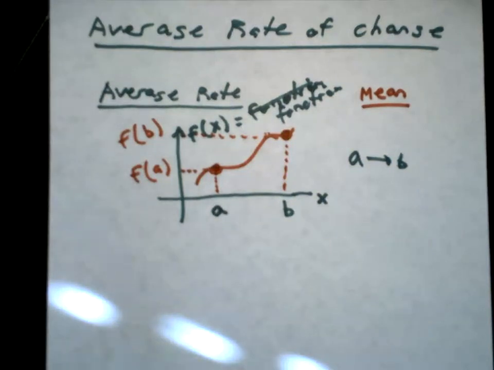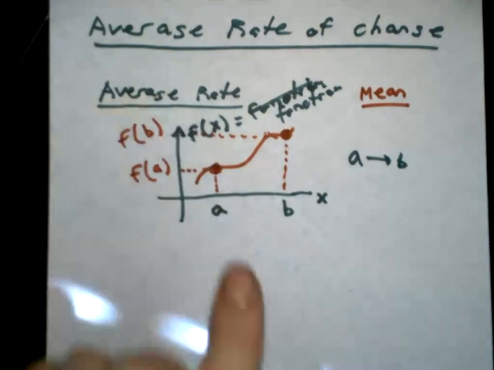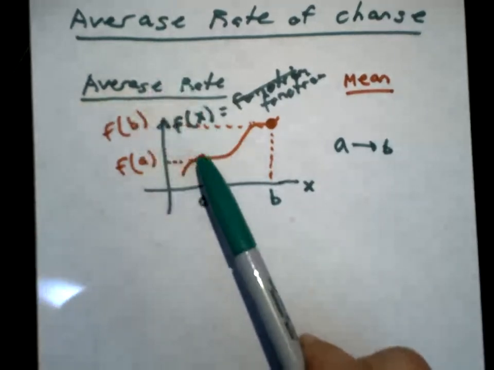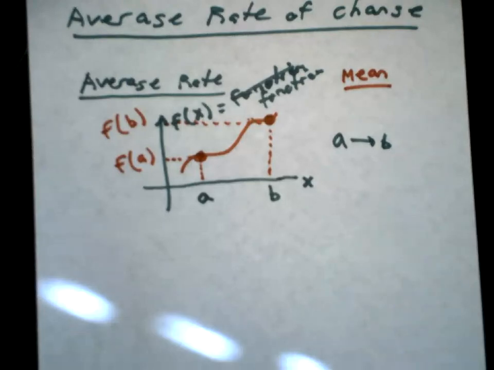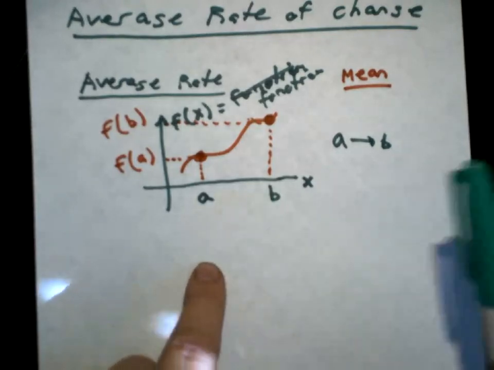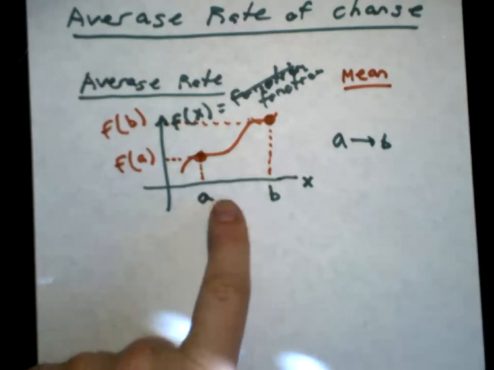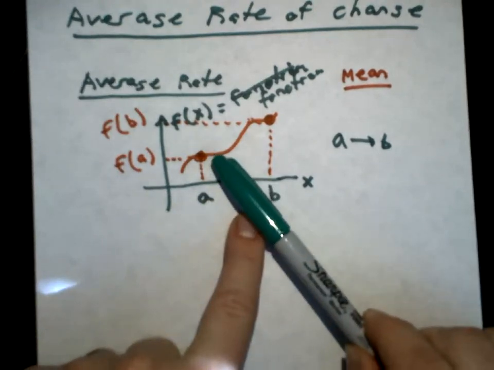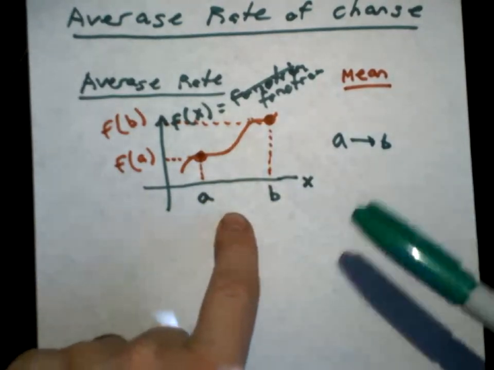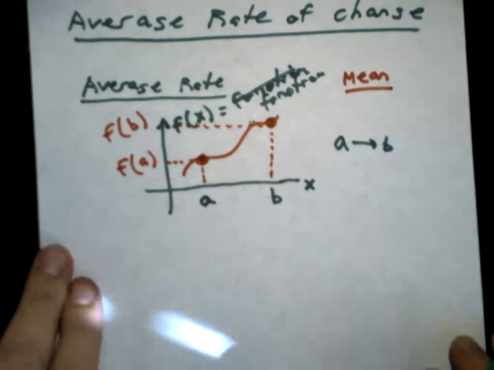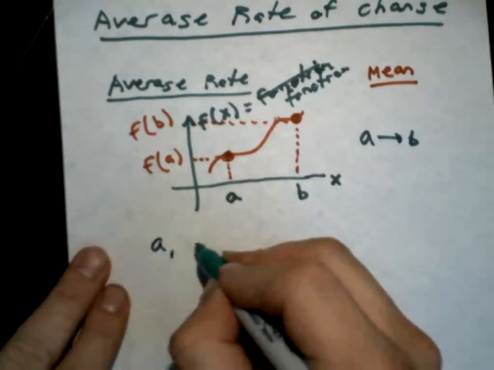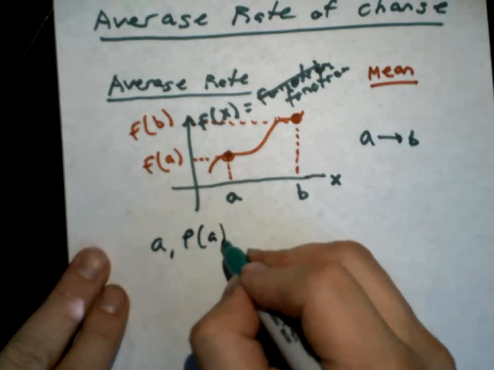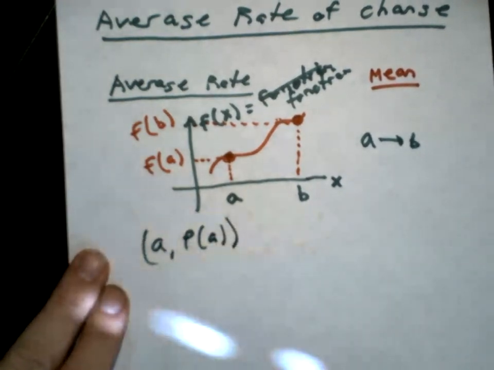Well, think of the average rate as a slope, because that's what that is. An average rate says what is the slope, or what is the distance with this movement. You can call this time, or this could be distance. Think of it that way. Remember, you need slope. So let's look at the first point here. I have A, f of A, right? That's the first point.